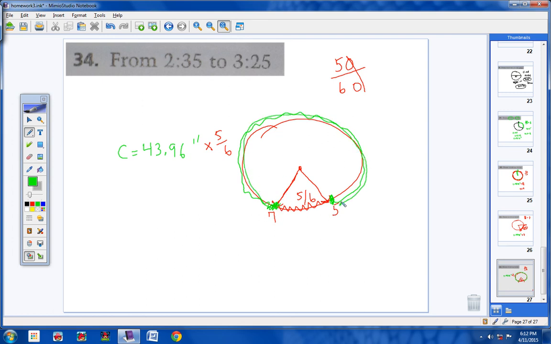So this big green arc is 5/6 of the entire circumference, and the entire circumference is 43.96. So if we take 43.96 and we multiply that by 5/6, we're going to get 36.63. So that is the length of the arc, 36.63 inches.